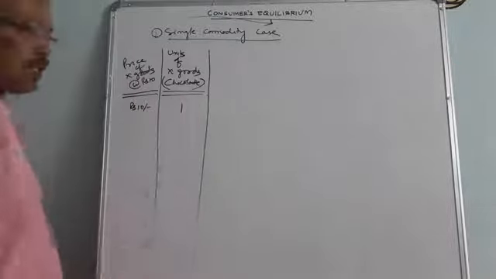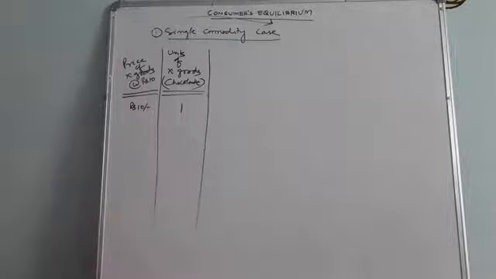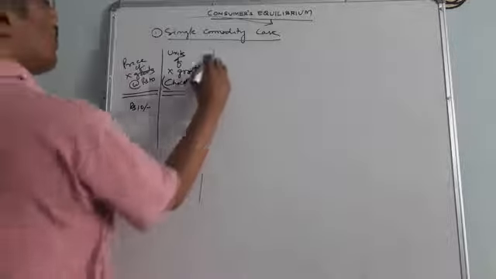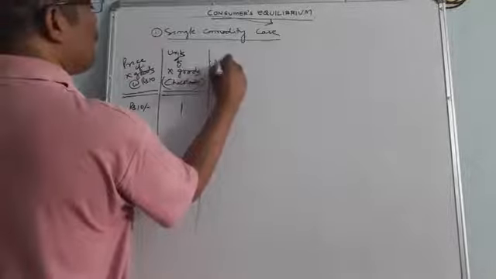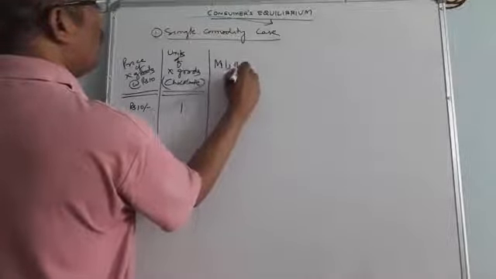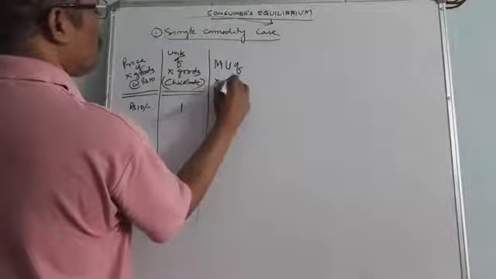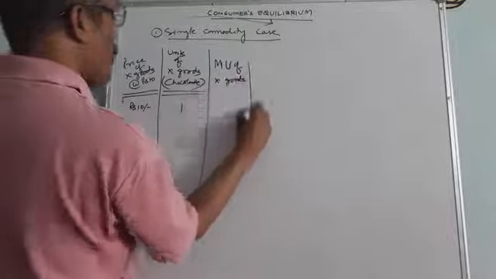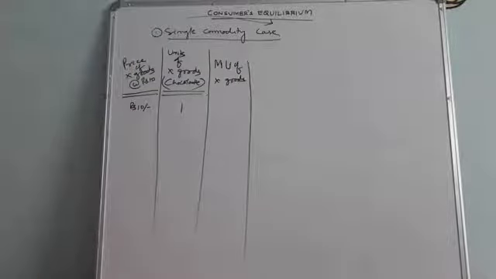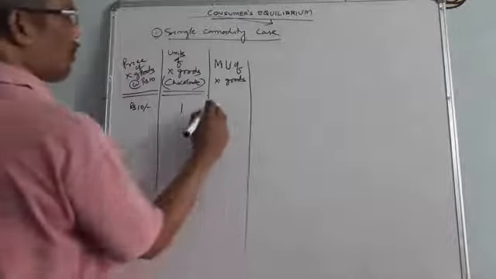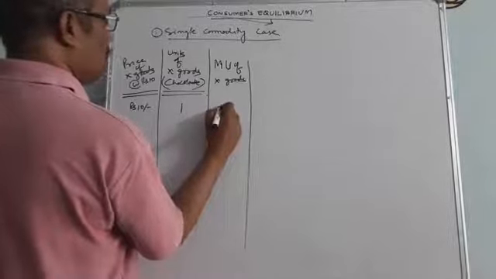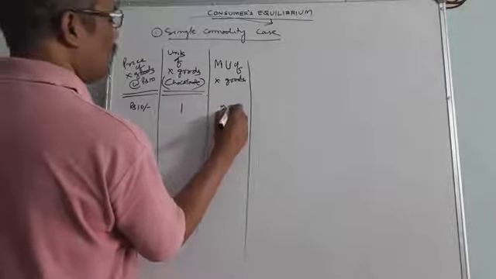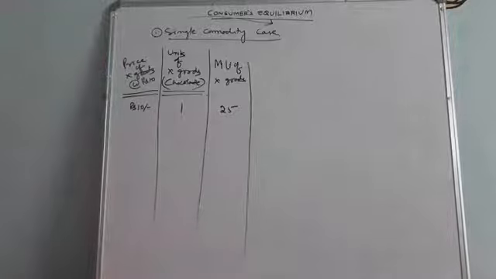First chocolate, then what satisfaction we get, that is your utility. That is the marginal utility of X. Suppose you got 25 utils.